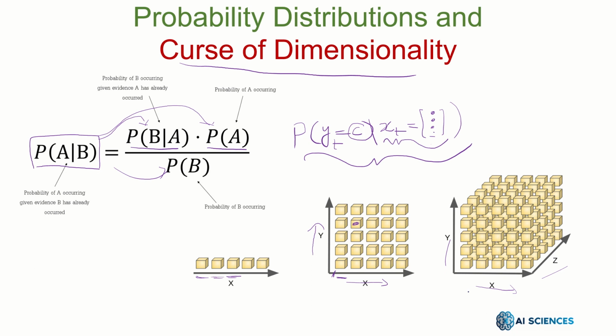Now you can see in 3 dimensions, the number of cubes becomes large, so many of them. And to estimate the probability for each cube, we need a reasonable fraction of the data points. To estimate the probability measure reliably, we need a lot of data points to fill these.